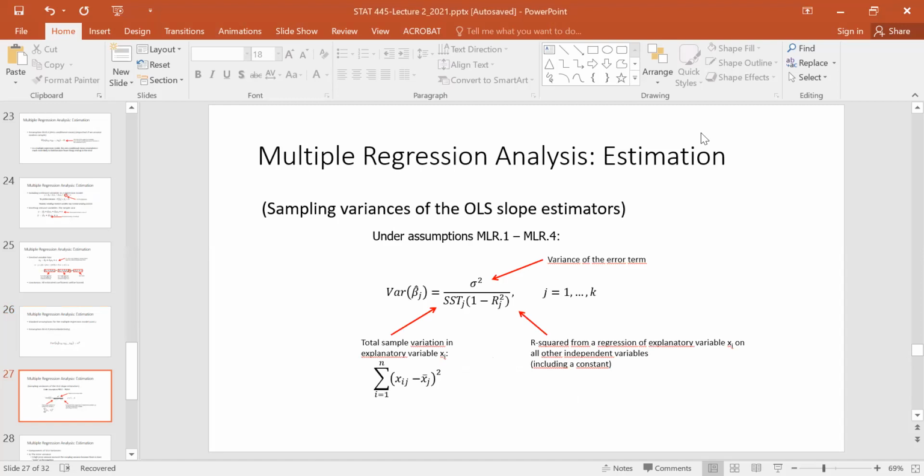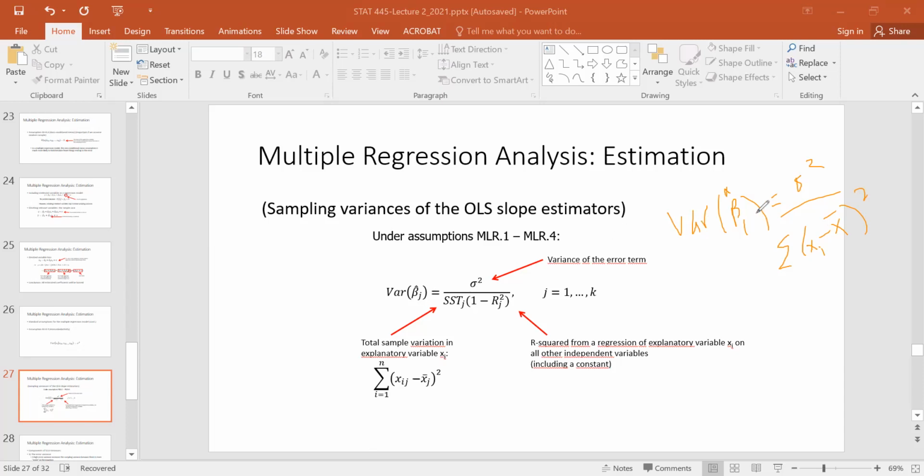You remember that in simple regression, we derived the variance of beta 1 hat to be sigma squared over the sum of xi minus x bar squared. Here I do not go through the pain of deriving it, but I should write down the final result.